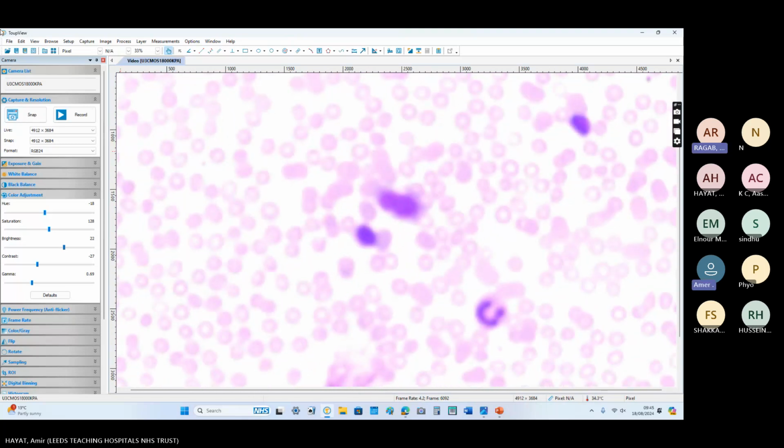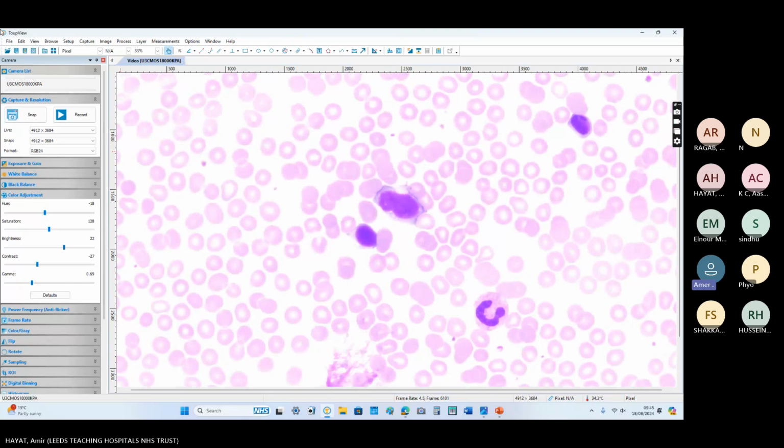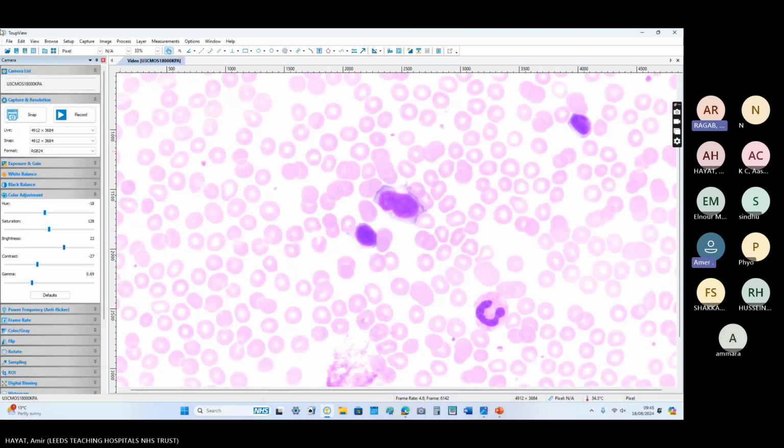Yes. So while reporting the blood film, always comment on the cell line which has the problem. In this blood film, the problem was in the white cell count, so comment on the white cells. This blood film shows lymphocytosis.